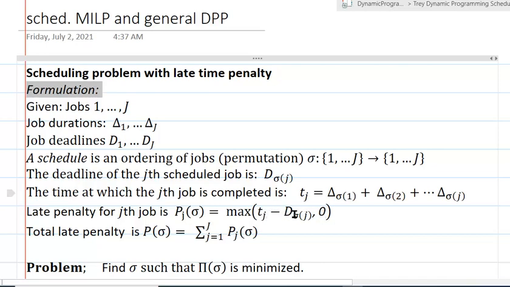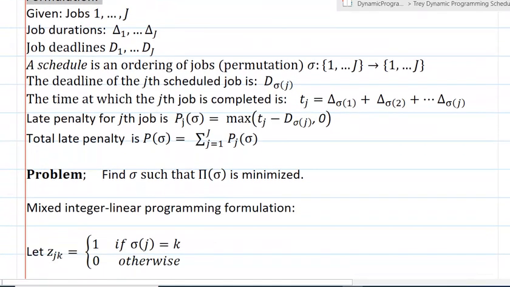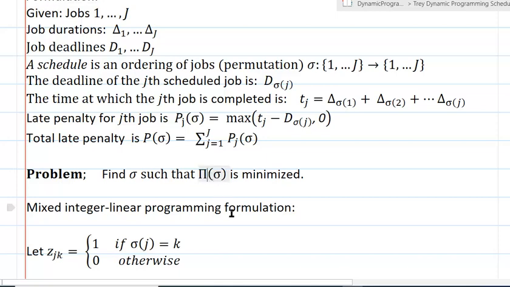So if Tj is less than D sigma j, that is, the job is completed early, there's no advantage. But if Tj is greater than D sigma j, then there's a penalty. Now the total late penalty will be the sum of all these late penalties for all little j jobs. So the overall problem is find sigma such that the sum of the Pj is minimized. That's the general scheduling problem with late time penalty.